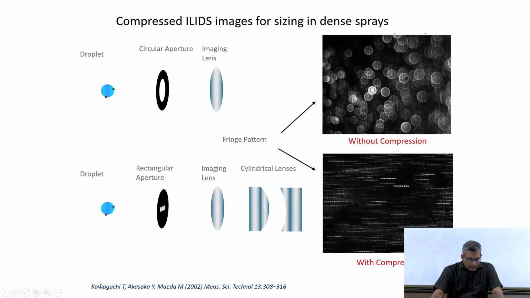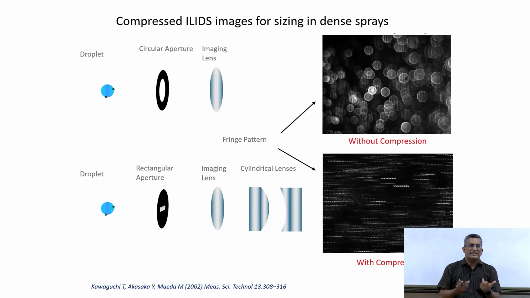Now, this group from Japan came up with an excellent idea of solving this issue to a large extent. What they did is they put a pair of cylindrical lenses in the optical path, and they optically compressed the interferograms to make them rectangular.